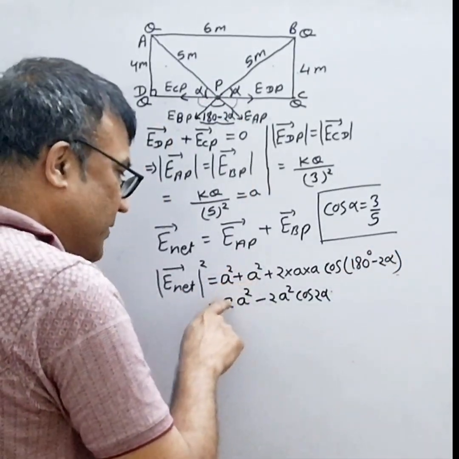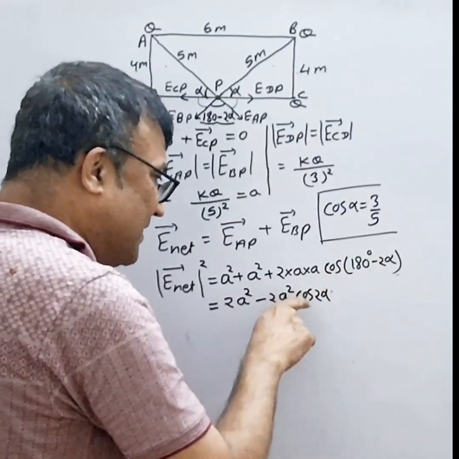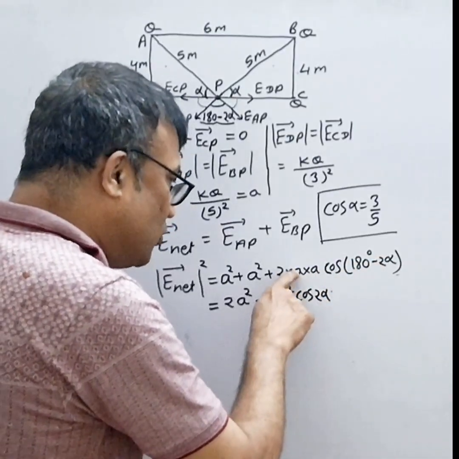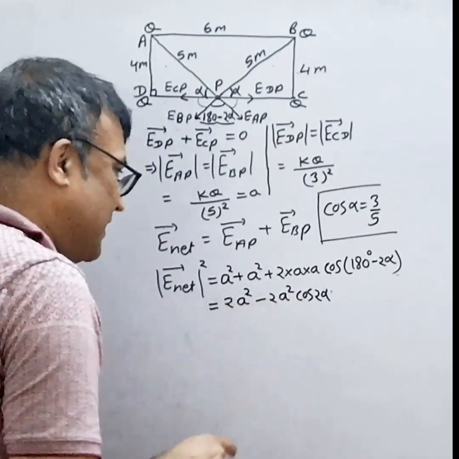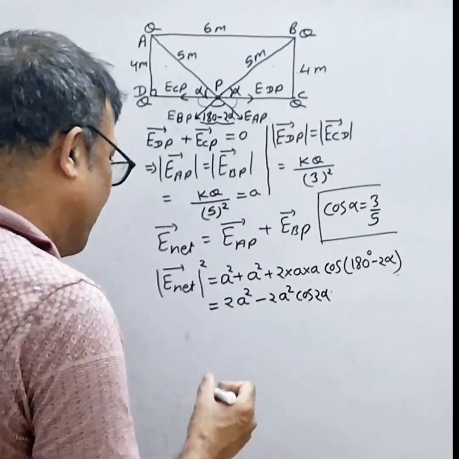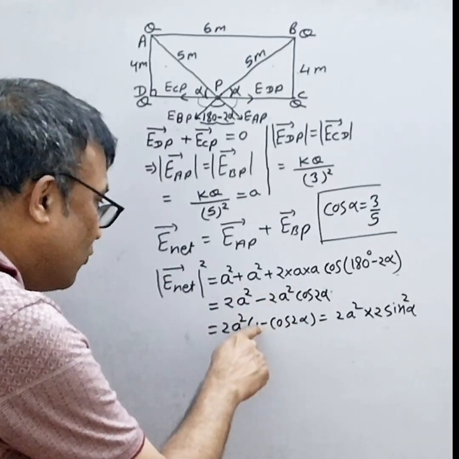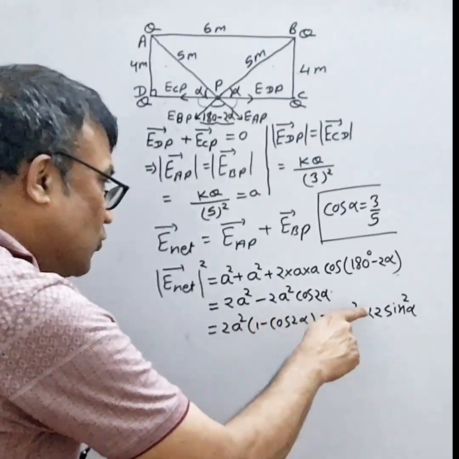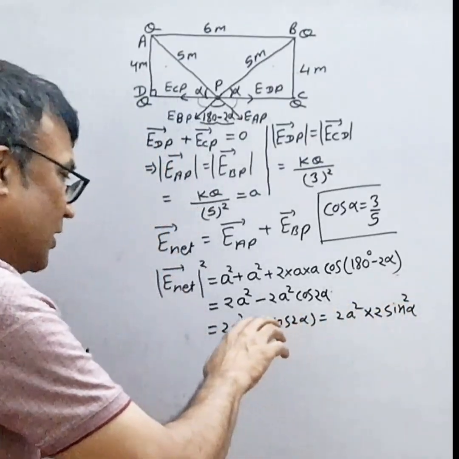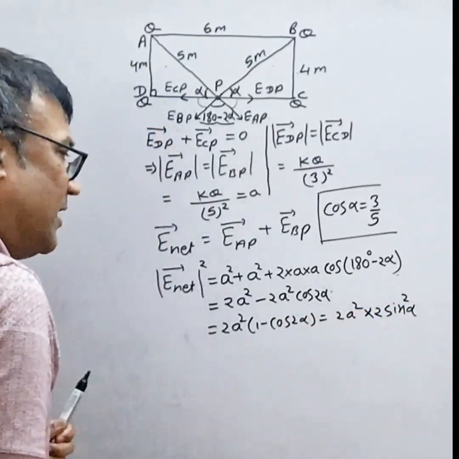A square plus A square is 2A square. Cos of 180 degrees minus 2 alpha will be minus cos 2 alpha, and 2 into A into A is 2A square. So we will get the expression 2A square minus 2A square cos 2 alpha. Now we take 2A square common. So in the bracket we will get 1 minus cos 2 alpha, and 1 minus cos 2 alpha is equal to 2 sine square alpha. So we will get the result 2A square into 2 sine square alpha.